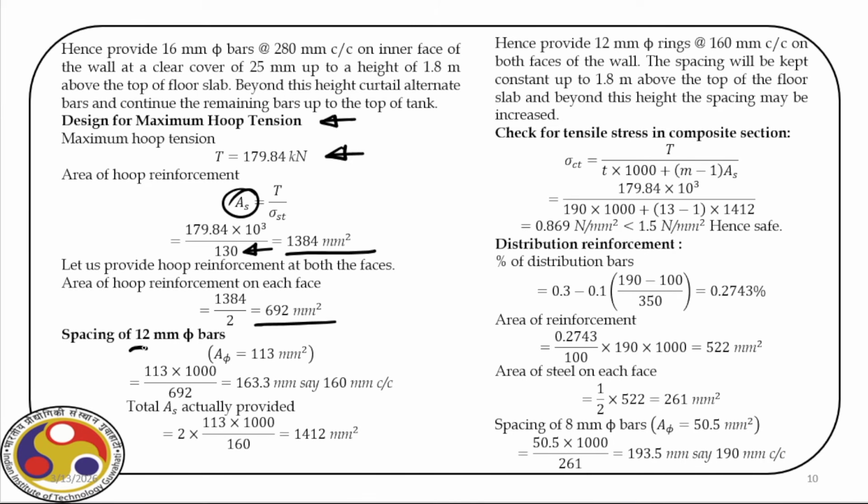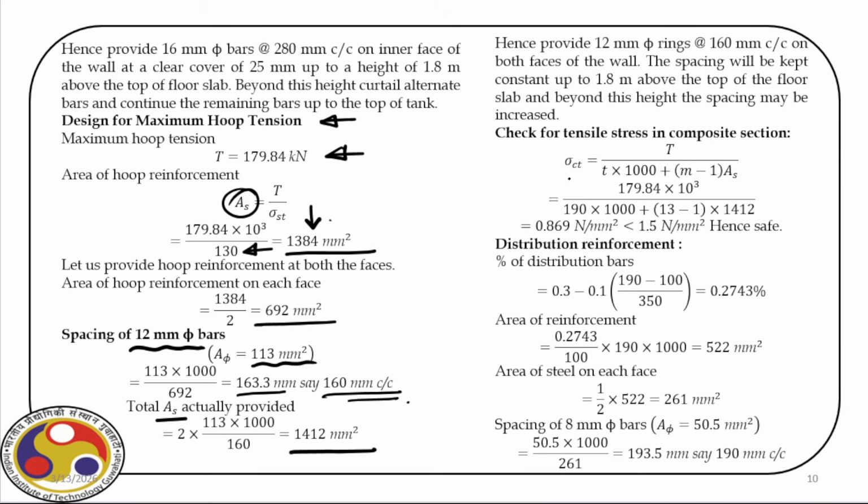So we can try with 12 phi bars. Each bar is having an area of 113 millimeter square. So the spacing is 163.3. So we can provide 160 millimeter center to center. So As provided actually is 1412 millimeter square, while the requirement is 1384 millimeter square. So that is okay.